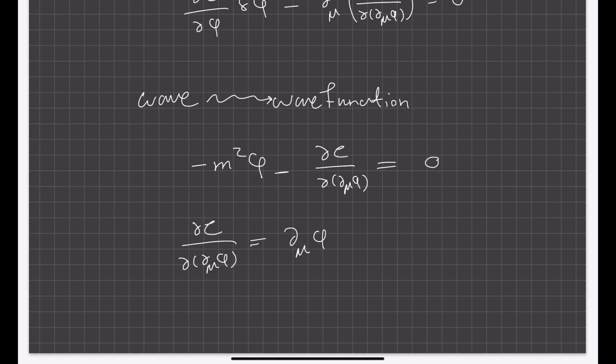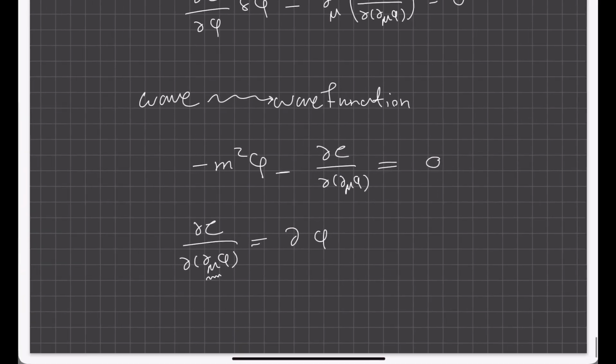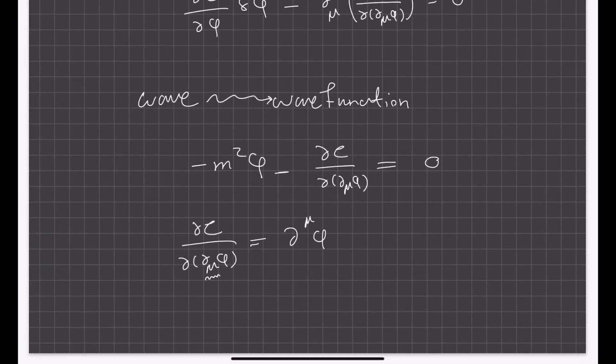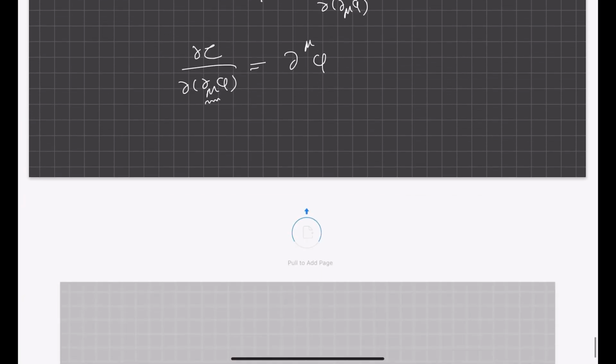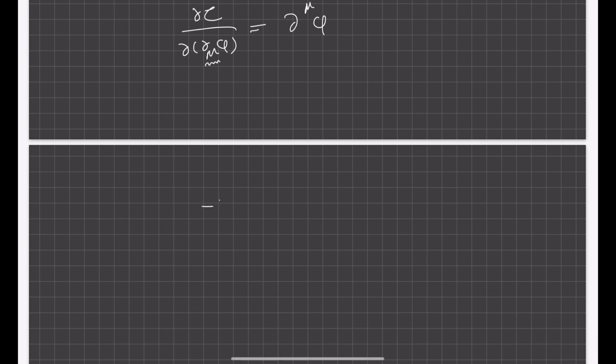We have to be really careful about the covariant and contravariant. So here it's lower case, and it is in the denominator. So when it comes up, it would be uppercase. So I should put it in uppercase.